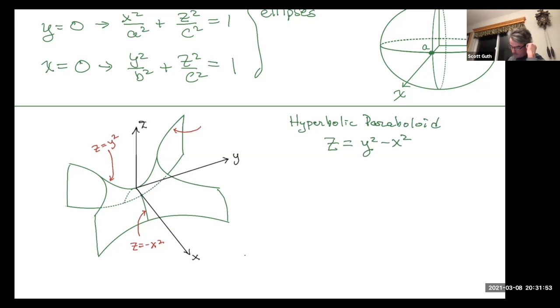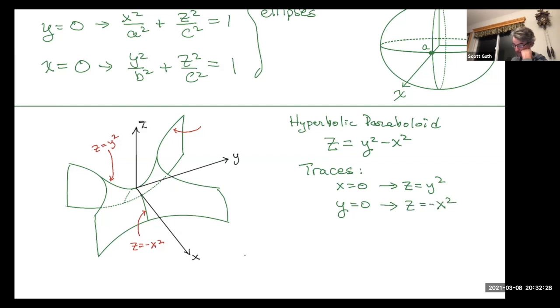Okay, and so when you do the traces, if you do x equals 0, that's just going to be z equals y squared, which we drew. Okay, if you do y equals 0, you get z equals negative x squared, which we drew.